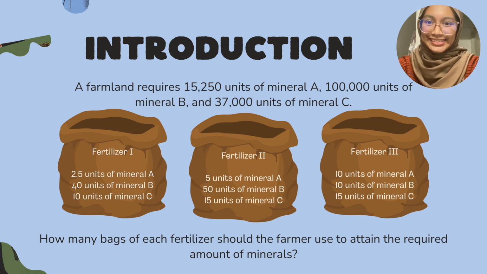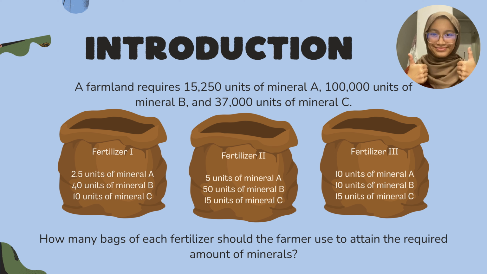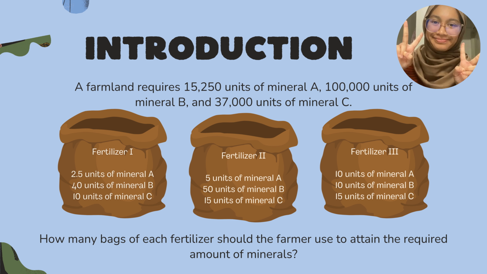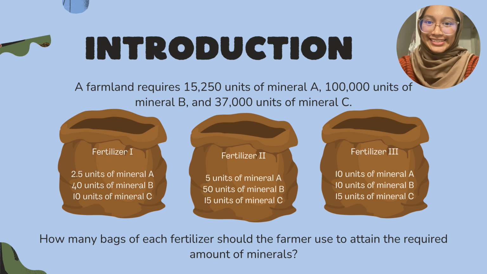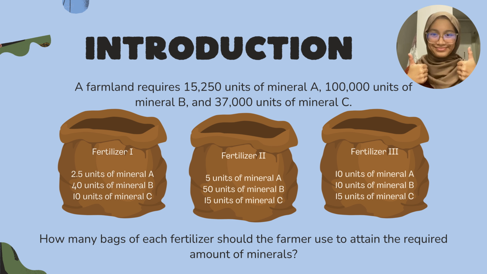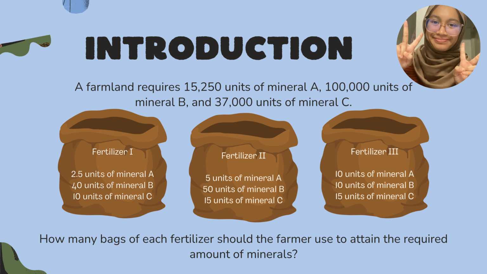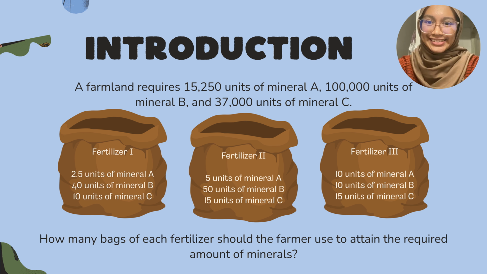Fertilizer 1 contains 2.5 units of mineral A, 40 units of mineral B, and 10 units of mineral C. Fertilizer 2 contains 5 units of mineral A, 50 units of mineral B, and 15 units of mineral C. Fertilizer 3 contains 10 units of mineral A, 10 units of mineral B, and 15 units of mineral C. So the problem is, how many bags of each fertilizer should the farmer use to attain the required amount of minerals?